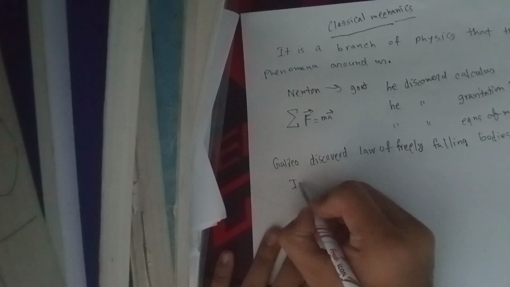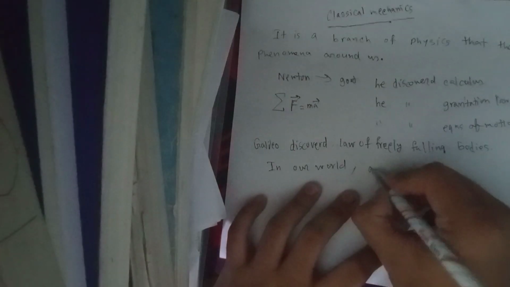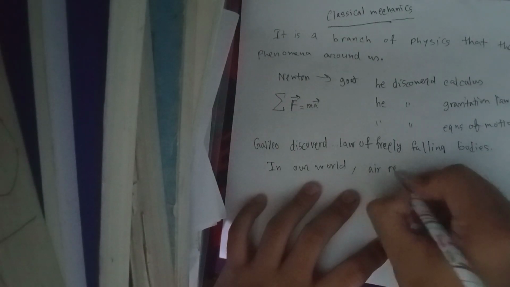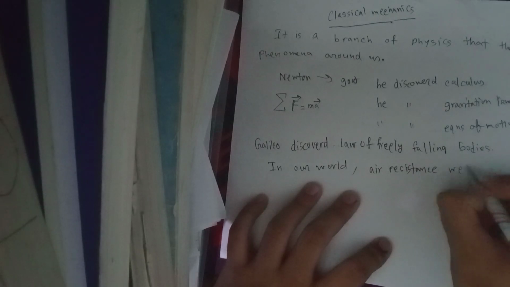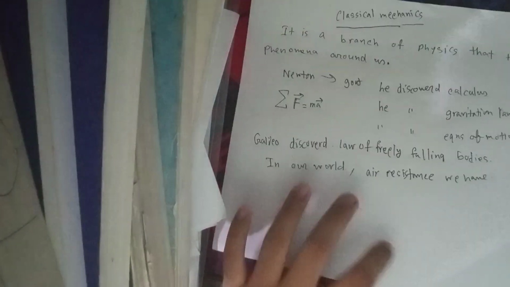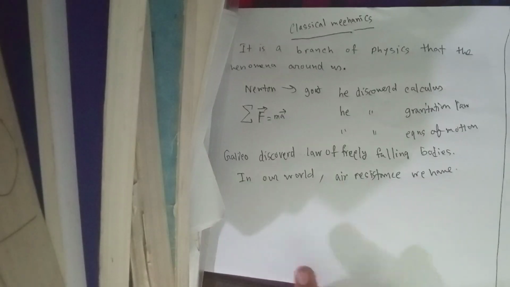In our world, there is no vacuum, by which I mean we have air resistance. But in a vacuum, we don't, that's why everything falls the same. That's what Galileo discovered. He was a really important guy in physics. Without him, we couldn't do anything.